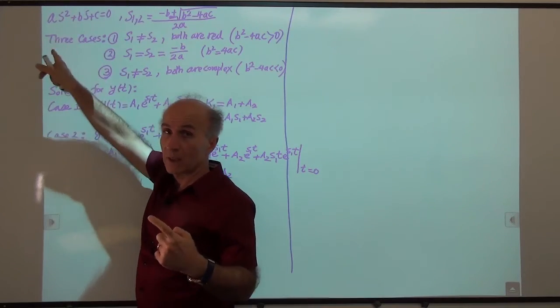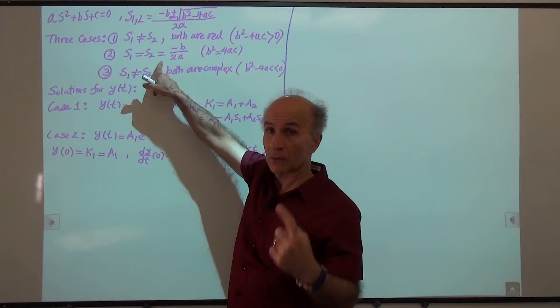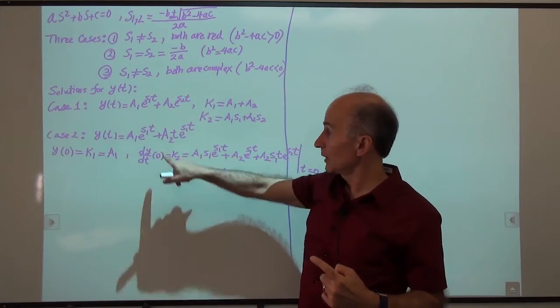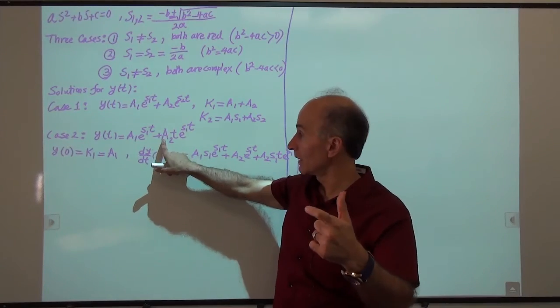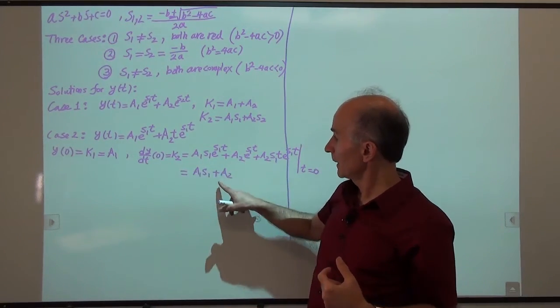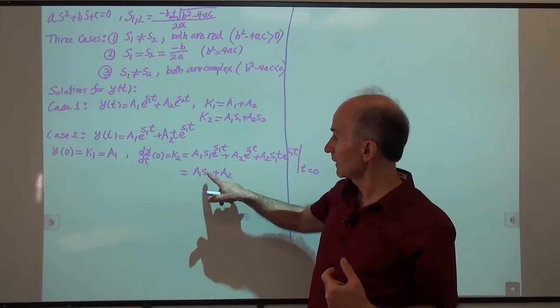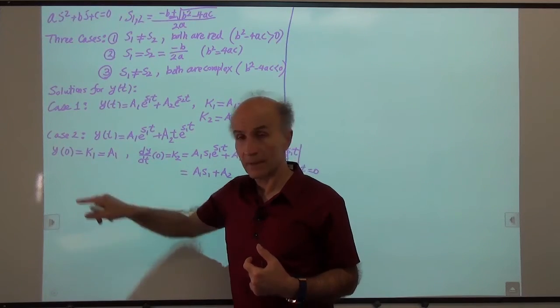We solved that. It just happened that when we solved it, the two roots are equal. If the two roots are equal, we assume our solution looks like this. If our solution looks like this and the initial conditions are given, K1 and K2, then by plugging them in here, we can find A1 and A2.